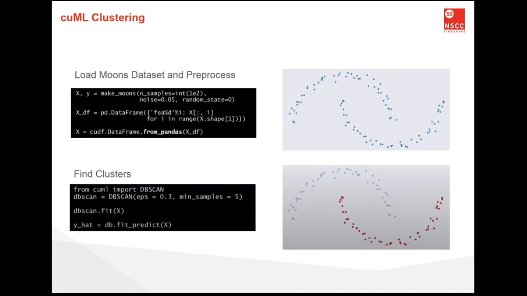Then we just convert the pandas data frame to cuDF. Remember, cuDF is the GPU accelerated data frame. And we just use the algorithm DBSCAN, which is also GPU accelerated. And we can call the functions like fit and predict. And we are off to the races.